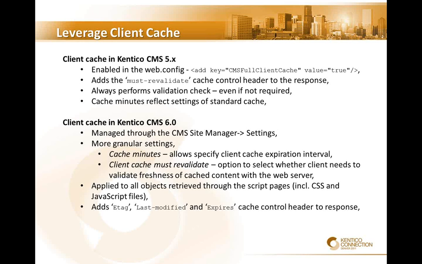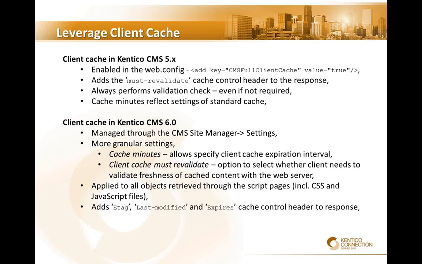The nice thing about the client cache in Kentico 6.0 is that with the introduction of a new get resource web service, which is used to link CSS files, JavaScript files, and other resources on the Kentico website, we are able to add the client cache control headers into the response for all of those files.